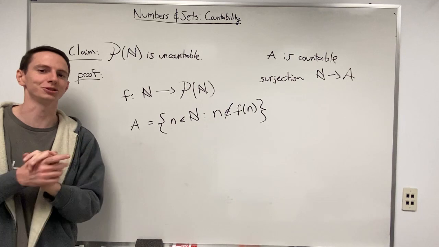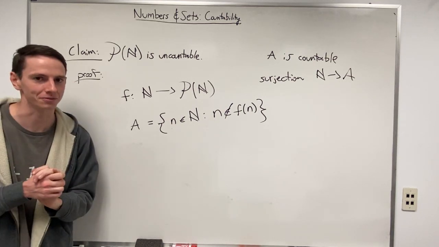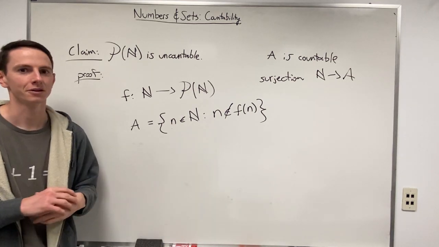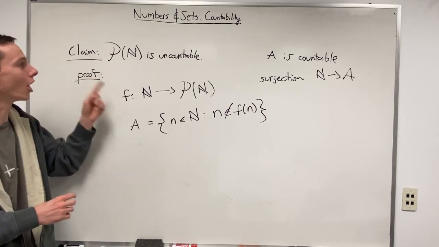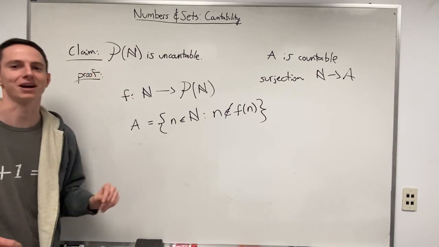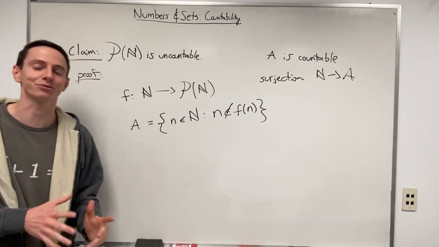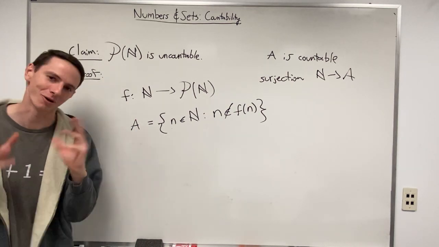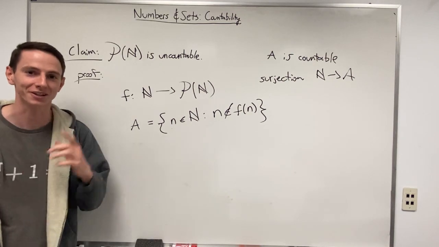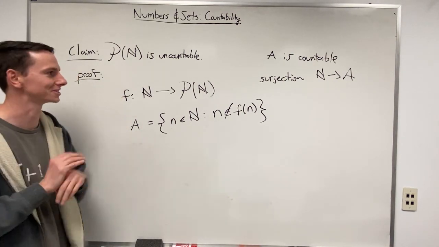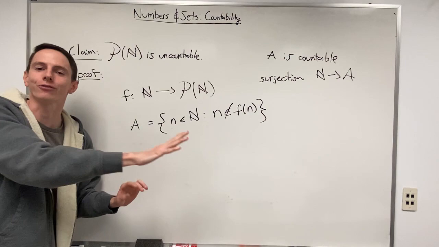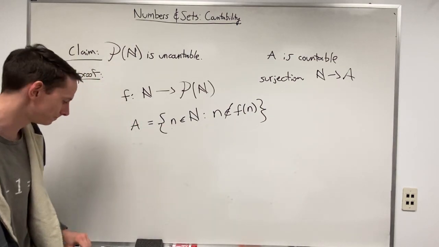And the question I want to pose to you is, does that property keep on going? Could we just take the power set of the power set of the natural numbers? And that's going to be the very last proof of this entire video series. And I wanted to save it for last because it's really kind of a mind-boggling statement. But I'm just going to erase what we have right here, and then we're going to go through that.